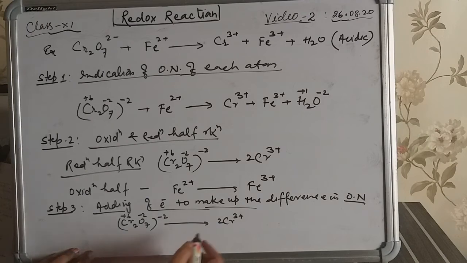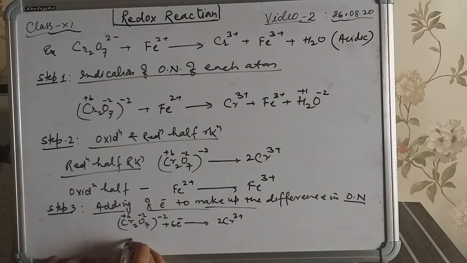Each chromium atom gains 3 electrons, thus 2 chromium atoms gain 6 electrons, so we add 6 electrons.